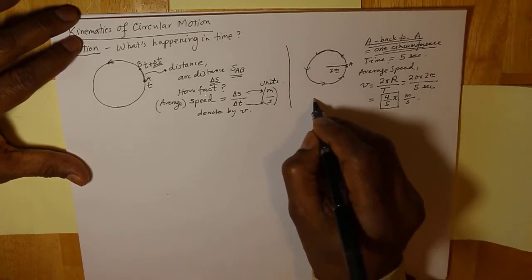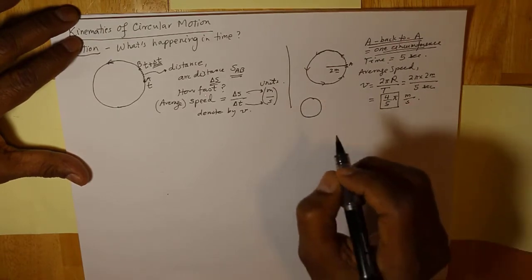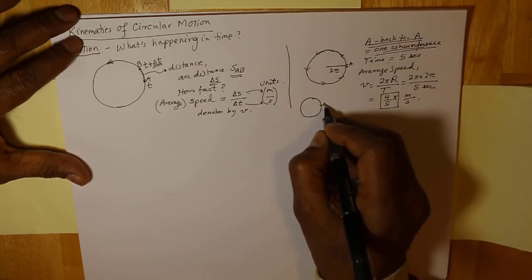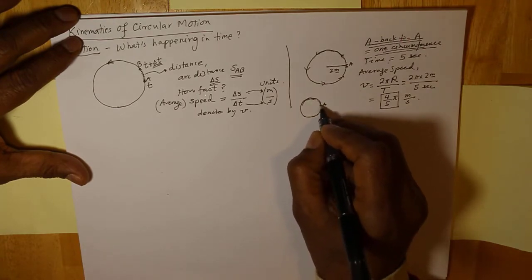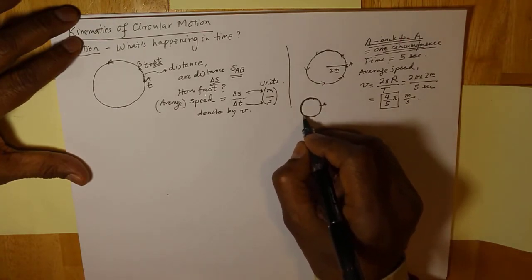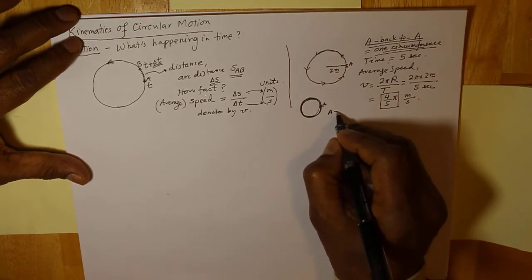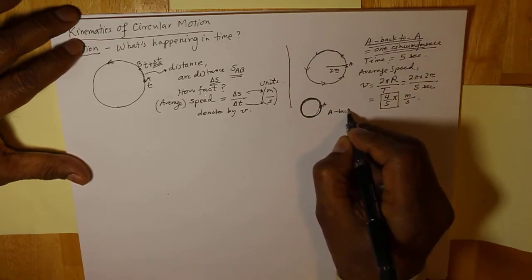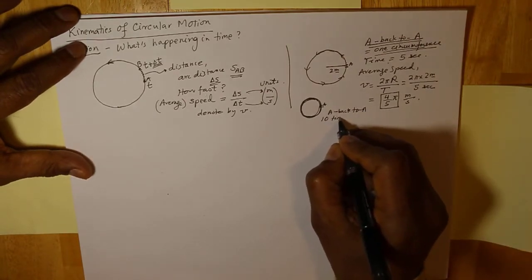Now, if I measured the same experiment, but I start with A and came back to A, but it was too fast, and so I let it happen many times. So suppose A back to A, let's have 10 times.